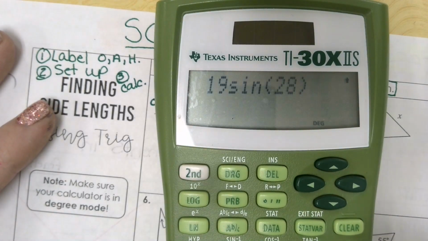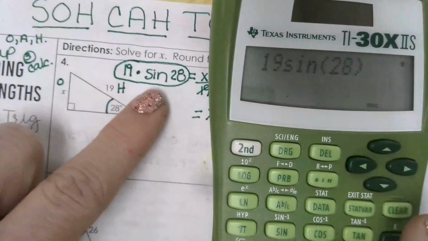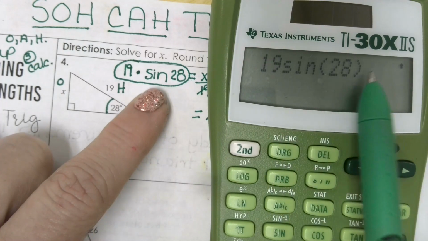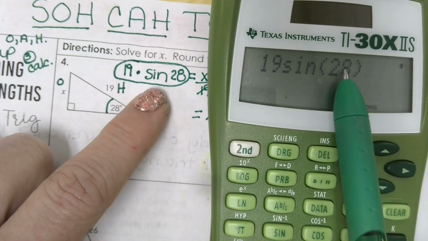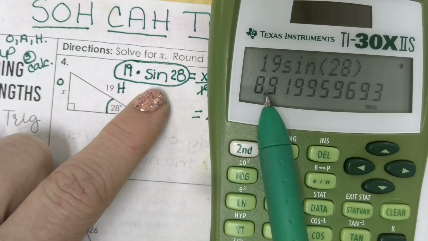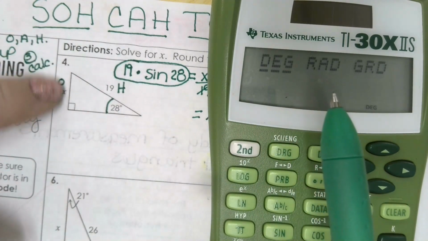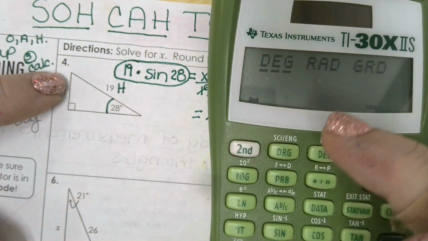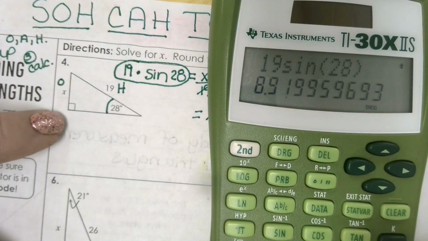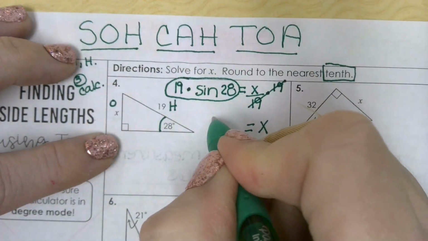So this is telling me 19 times sine of 28. I could also put sine 28, close the parentheses, times 19. As long as I don't put the 19 inside here, we're good. And we're going to get 8.9. This side over here would be 8.9.